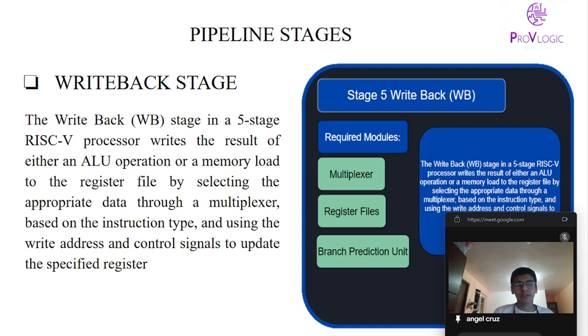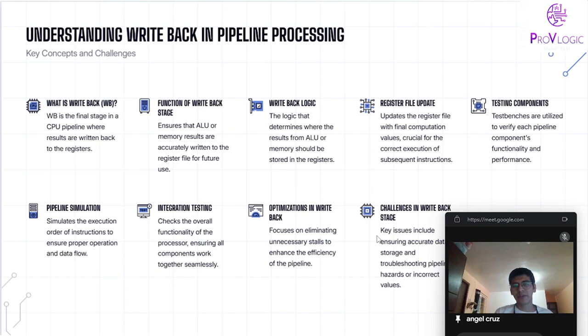Some of the modules included are shown here: the multiplexer, the register files, and branch prediction.